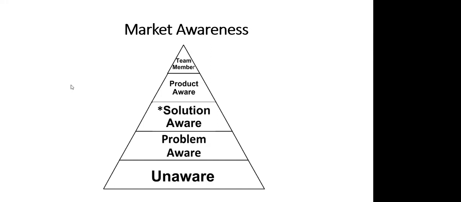The third is solution aware. These are the people that become aware of your solution. This is the sweet spot. This is actually the people that you're looking for. And like I was talking about a few minutes ago, sometimes these are the people that other people have been feeding and watering with their information, but because they didn't know at the time that they had a problem, or maybe they had a problem, but you just didn't quite connect the dots with them.